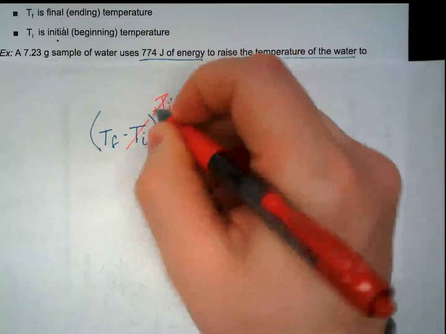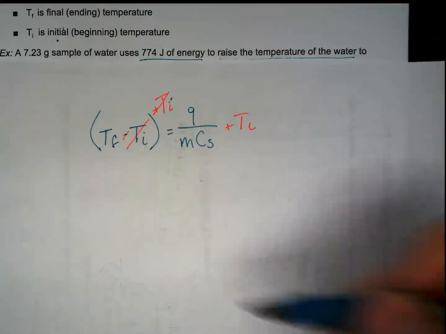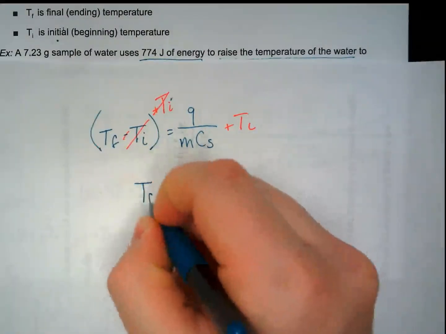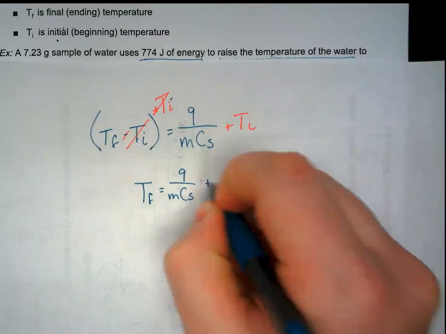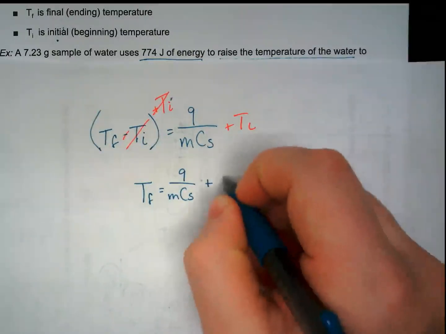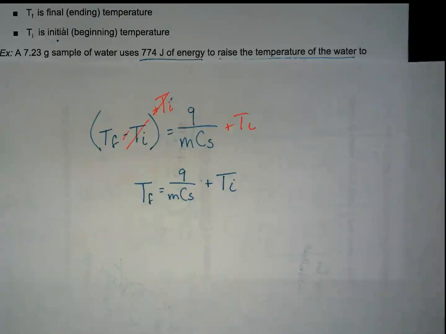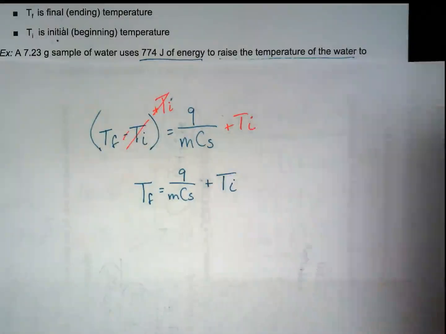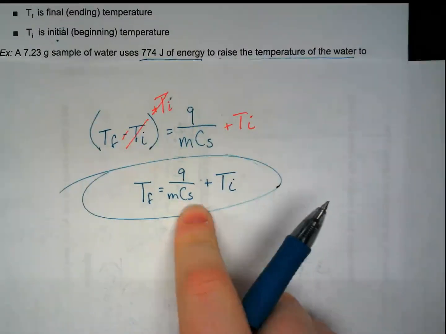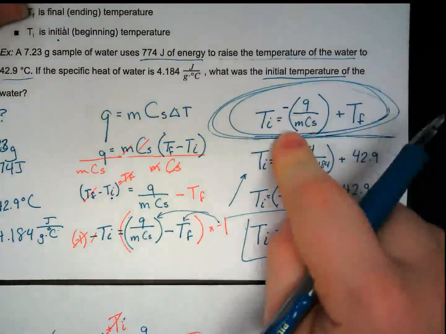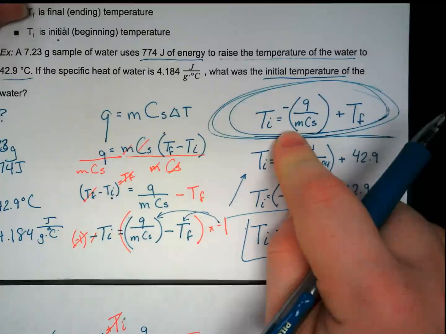That cancels out, gets rid of that, and here we have what we need. So here is the equation for solving for final temperature. Boom. Here is the equation to use to find initial temperature.